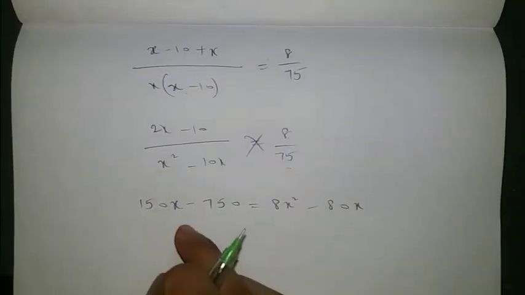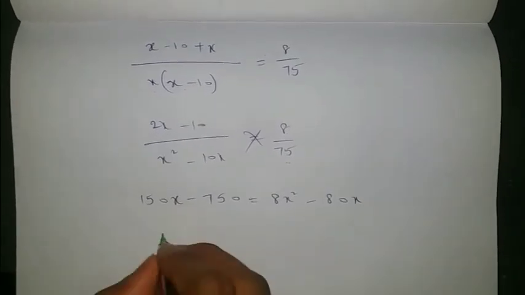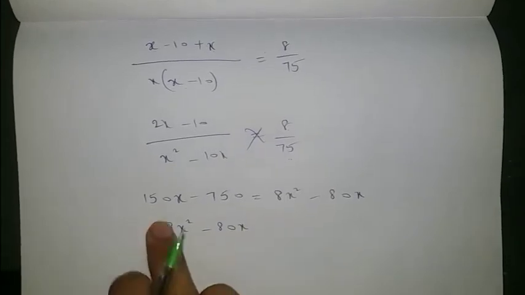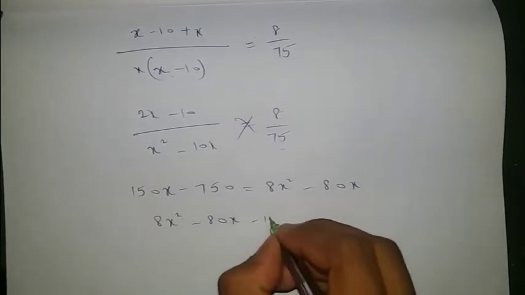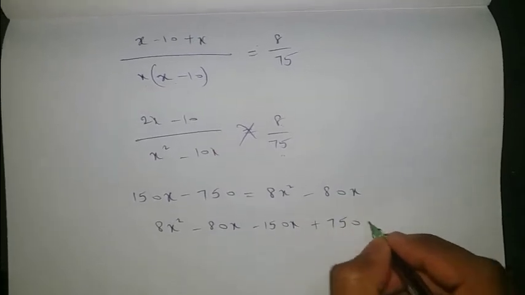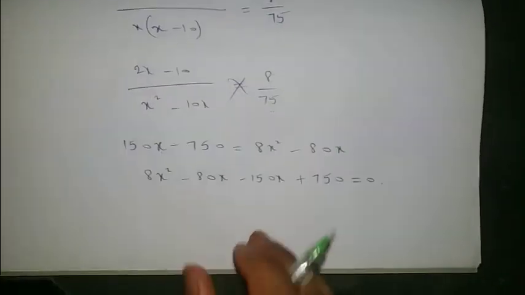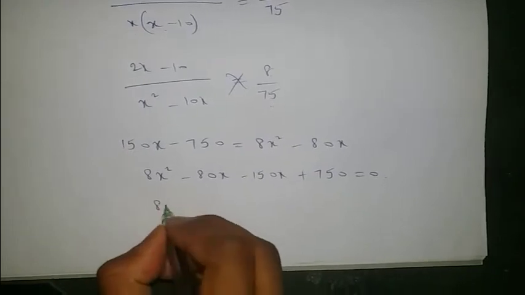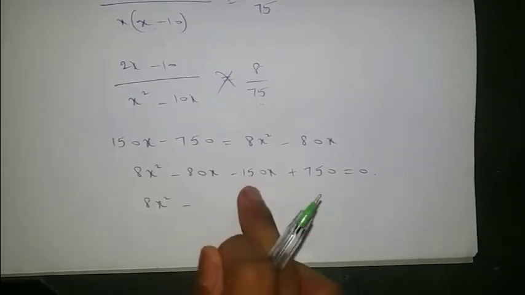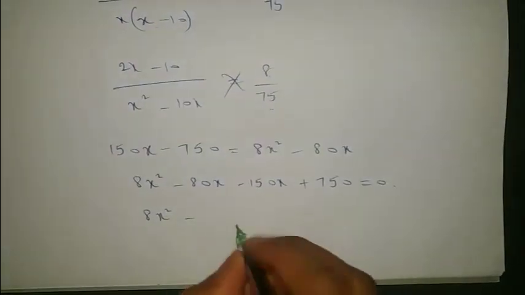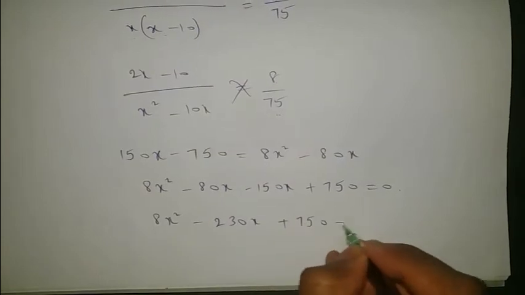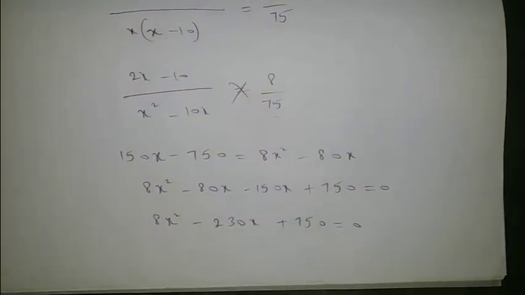I will take everything to the right side, so 8x square as it is, minus 80x as it is, 150x will become minus 150x, minus 750 will become plus 750, which is equal to 0. So 8x square as it is, minus 80x minus 150x, minus 230x, plus 750 is equal to 0.